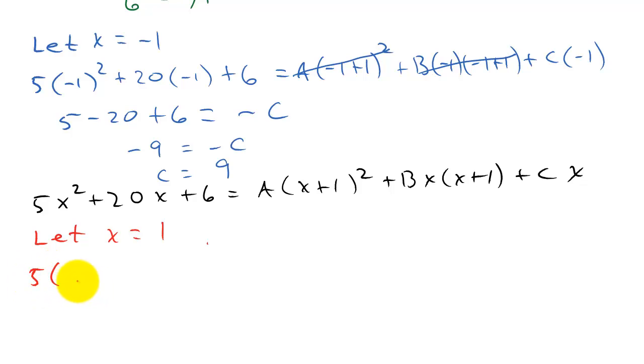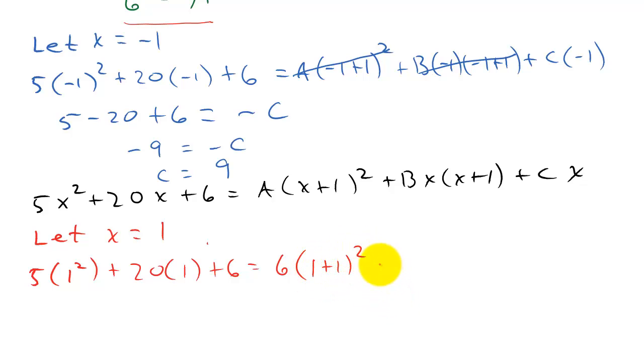So I get 5 times 1 squared plus 20 times 1 plus 6 equals, now look at this, A. Well, we already know what A is. A is 6. So I'm going to plug the 6 in for A, and that's going to be 6 times 1 plus 1 squared, plus, I don't know what B is, so that's B times 1 plus 1, plus C times X. Well, we know what C is.